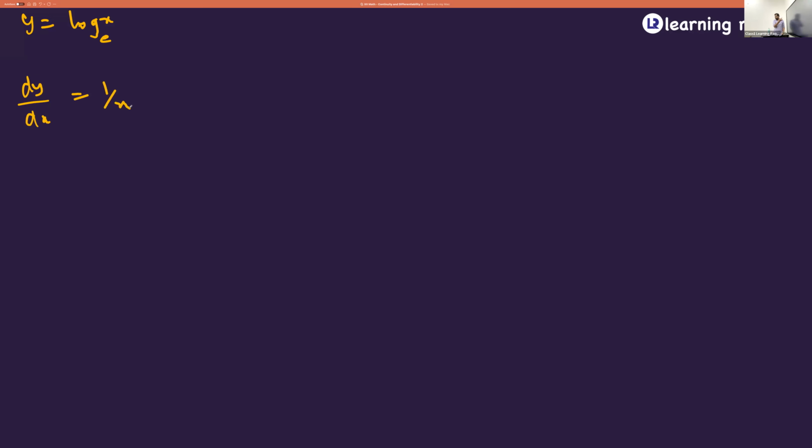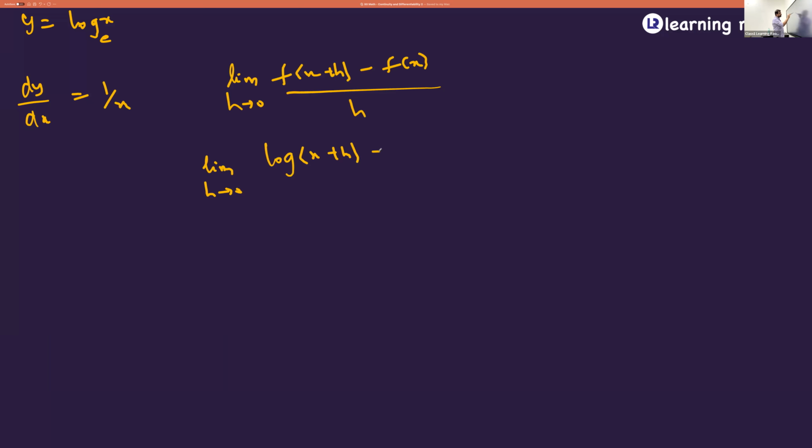If you want to derive this, it's the same logic. Limit h tends to 0, f of x plus h minus f of x divided by h. What will you write in the place of f of x plus h? You will write log of x plus h minus log x, the whole divided by h.